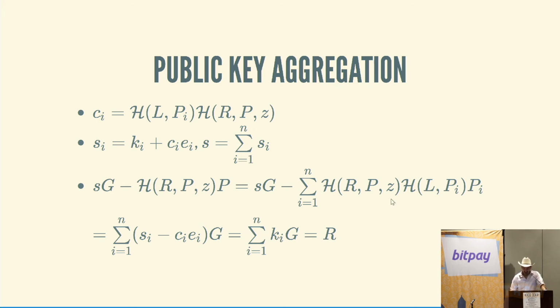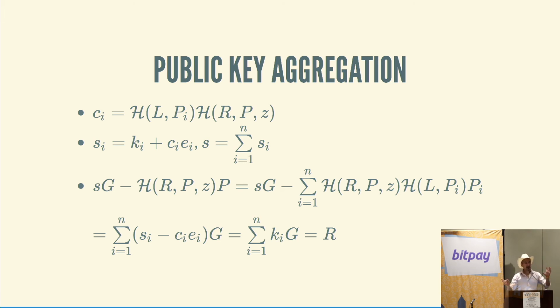And this thing, H of R, P, z times H of L comma P sub i, is c sub i, as it is two lines above. You substitute that, combine terms, and you get this thing. If you look at the definition of s sub i as k plus c sub i e sub i, everything cancels except for k sub i. So what you get are the R sub i's, and the sum of those is the target that you want. So everything just sort of works, right?